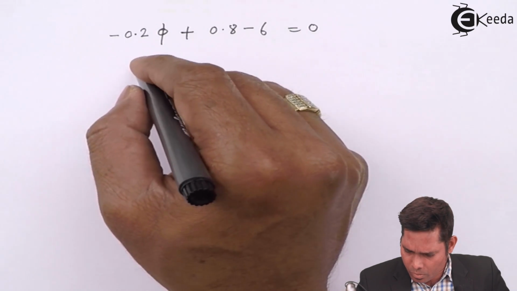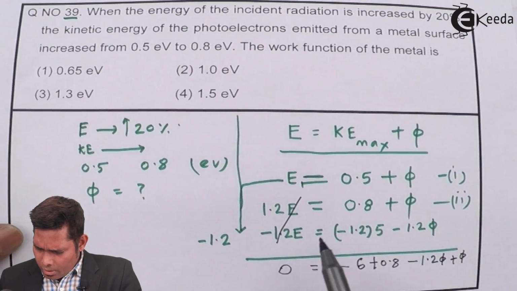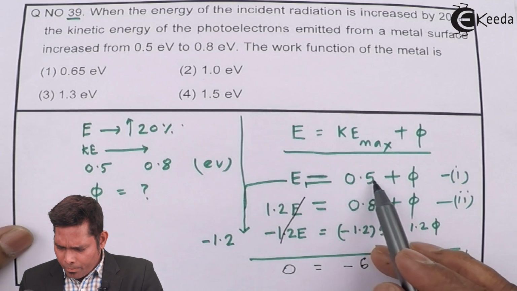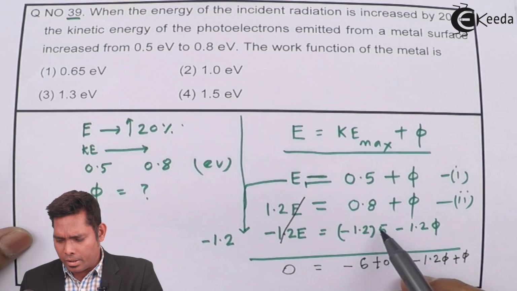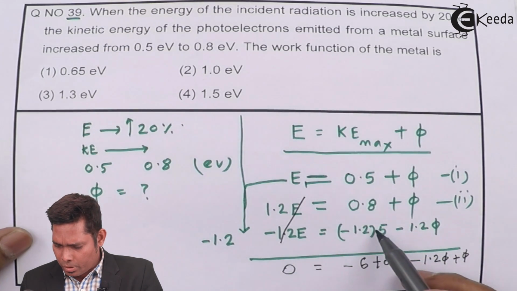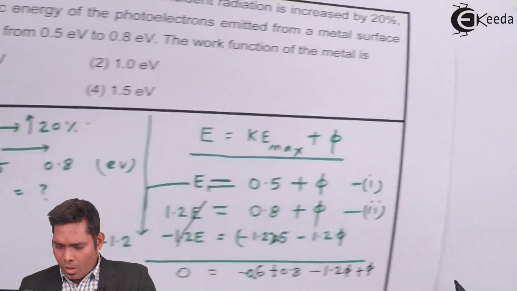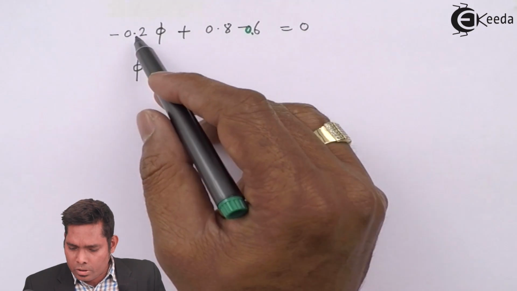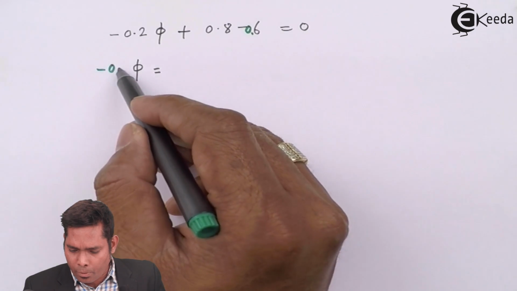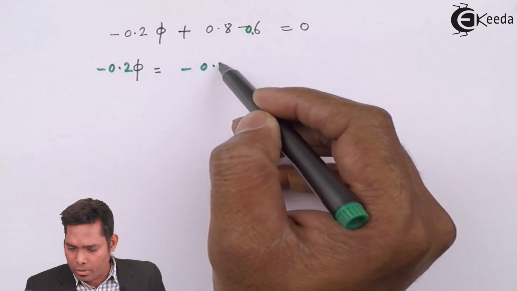Now if I see here, this is 0.5. If I multiply by 1.2, this is 5 I have written, actually not 5, it's 0.5. So it will be 0.6. Now here also it will be 0.6. Now this is minus 0.2 phi, and this is going to the right side.